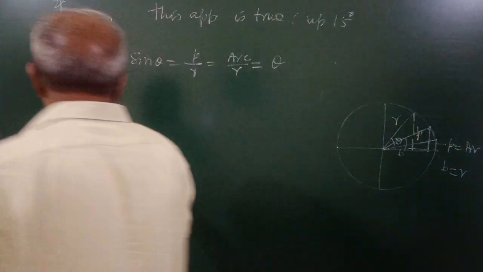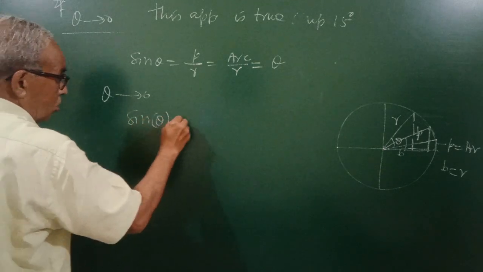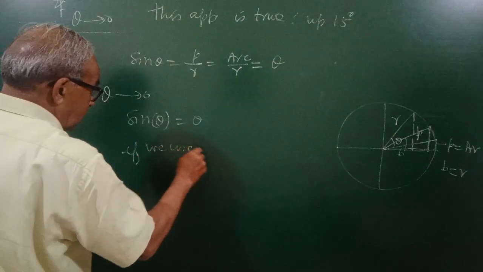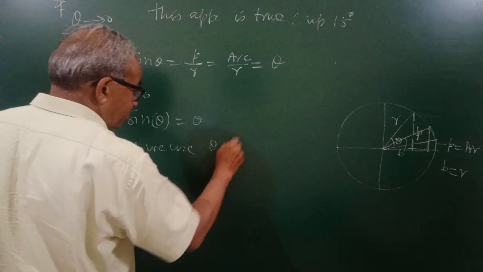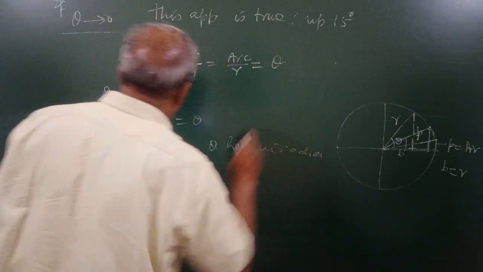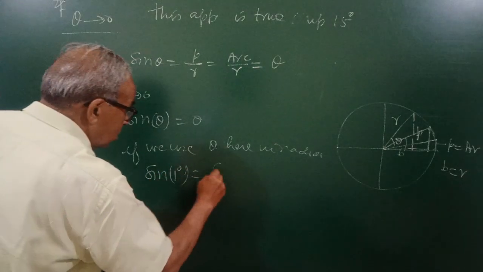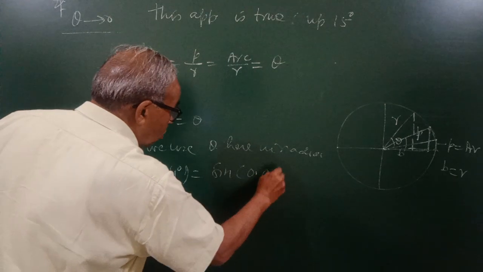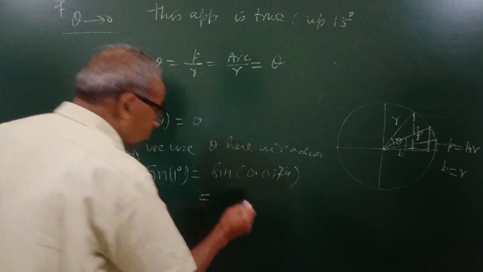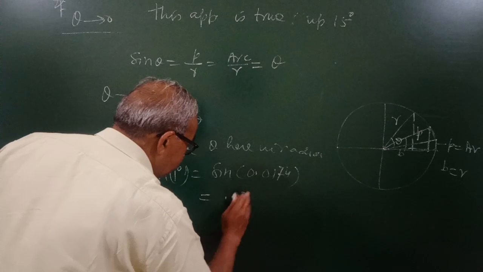Actually, here, sin theta is equal to theta only if we use theta in radian. For example, you see sin 1 degree means sin 0.0174, and if you see the value of sin 1 degree in the trigonometric table, you will get 0.0174.